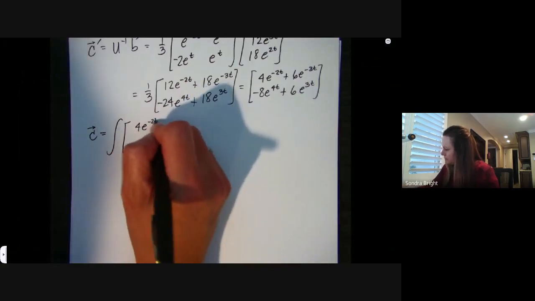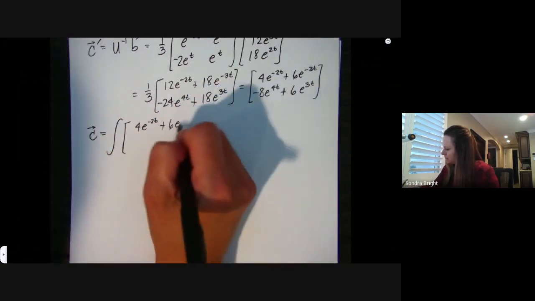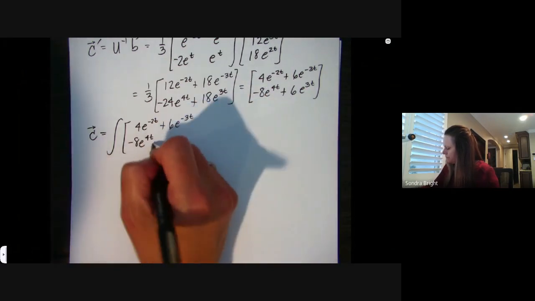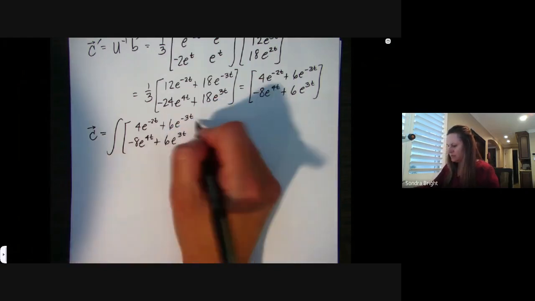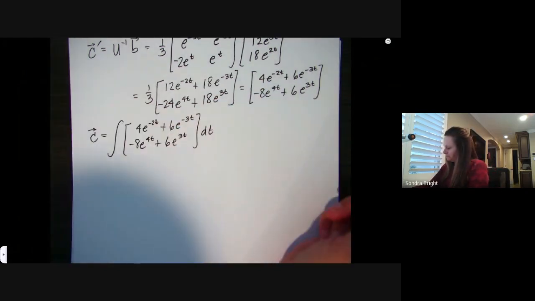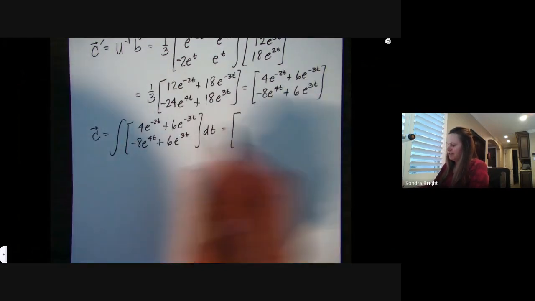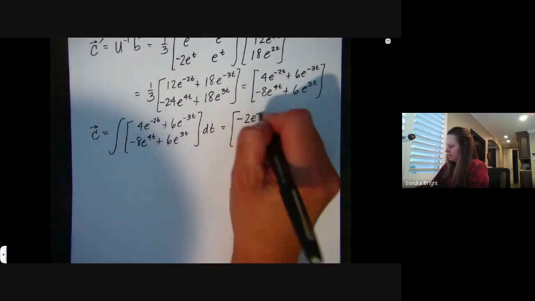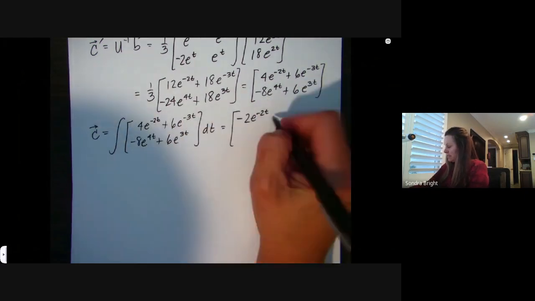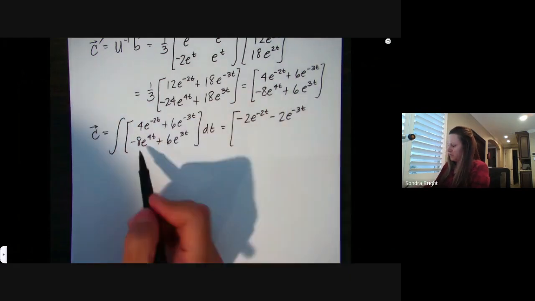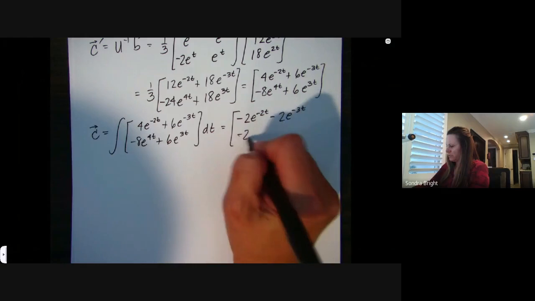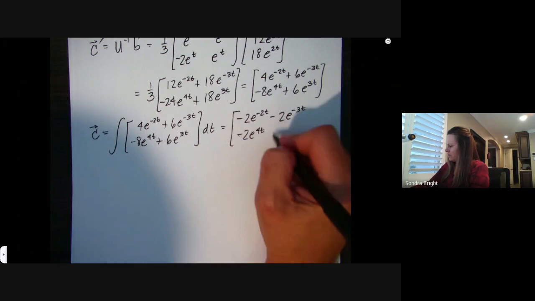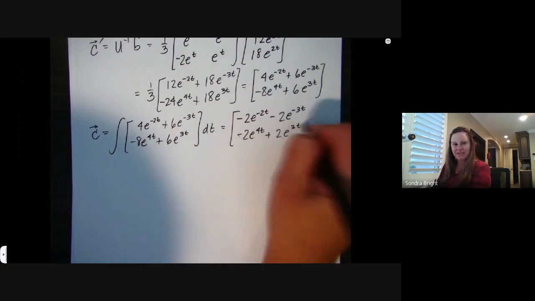And it looks like it's going to be pretty easy to integrate, which is fantabulous. All right, so integrate it with respect to t. I've got to undo the chain rule here, so it would be a negative 2e to the negative 2t minus 2e to the negative 3t. Undo the 4, so a negative 2e to the 4t, and then undo the 3, so a plus 2e to the 3t. All right, so that's C.